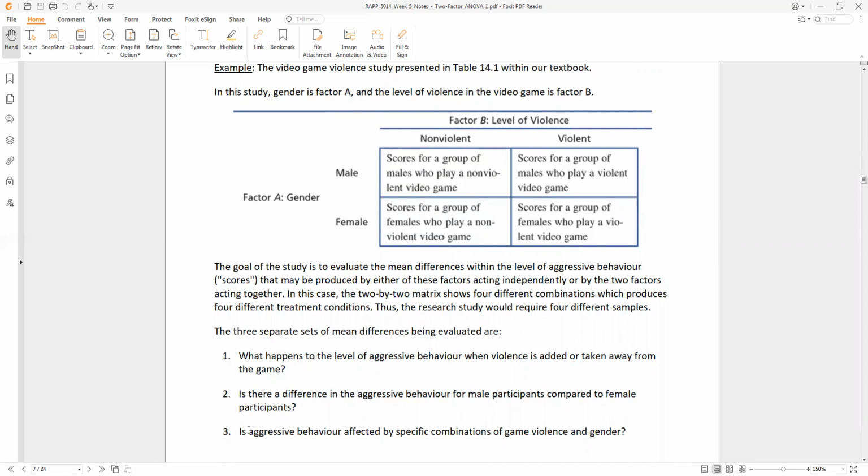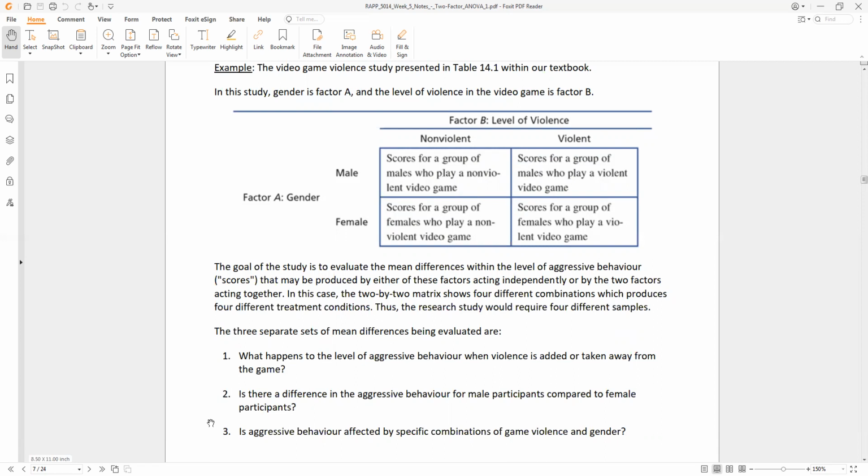And then there is naturally this third thing that comes up that we can test, which is, is aggressive behavior affected by specific combinations of game violence and gender? And we call this an interaction. All right, an interaction is going to be where specific combinations end up looking different than you would expect just from the factors alone, right?